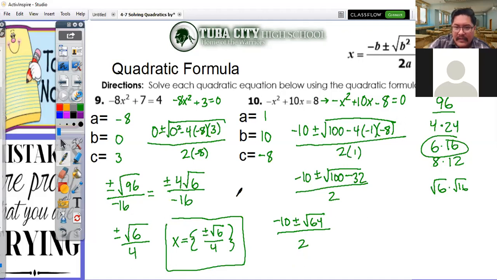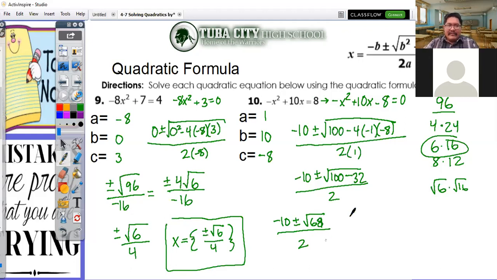Okay, not 64, it's 68. I thought this was going to be a whole number because to me it looked like it would have worked out as a whole number. So it's going to be 68. If it was 64, that would have been nice because it would have just been 8 and we would have had whole numbers to work with. But we still have that irrational.